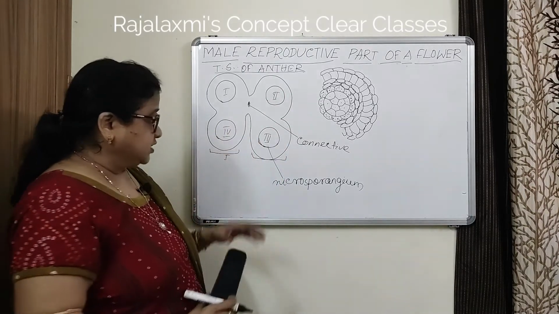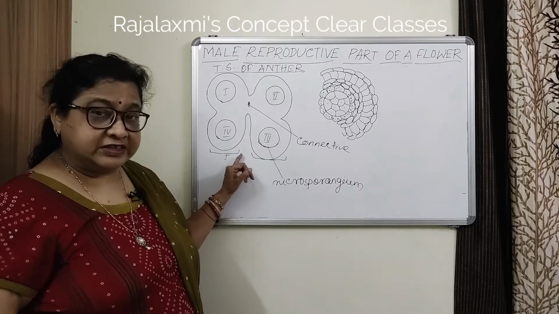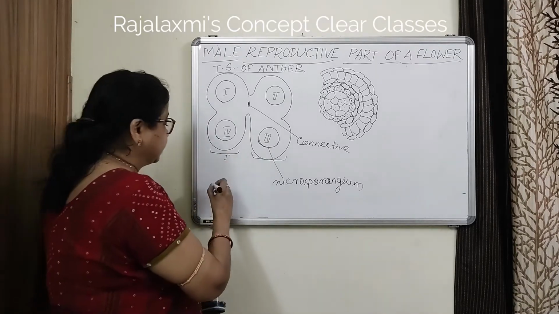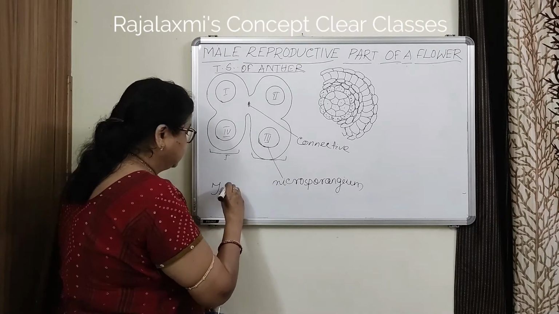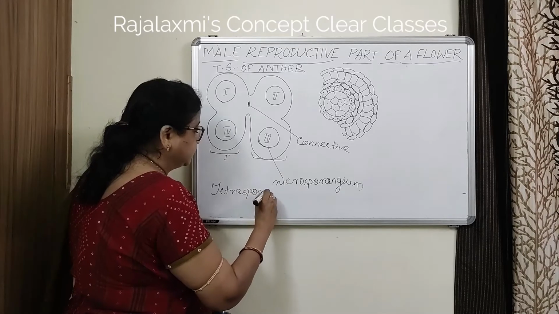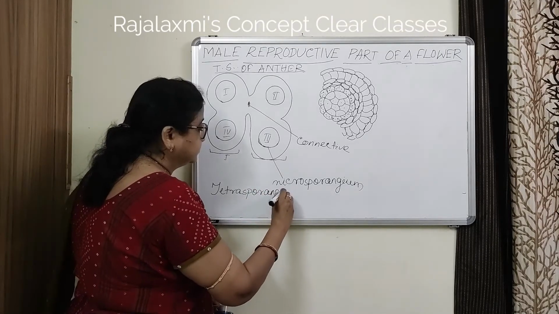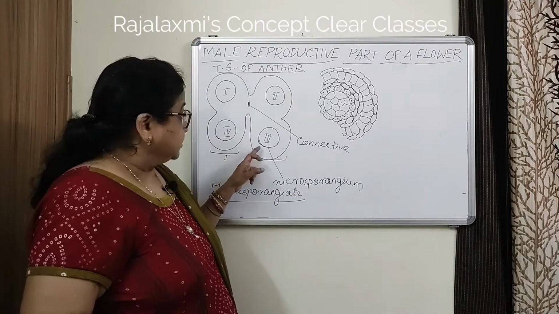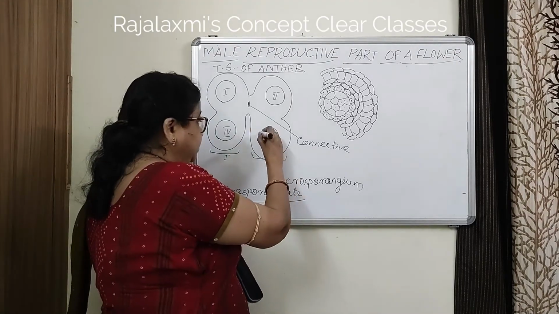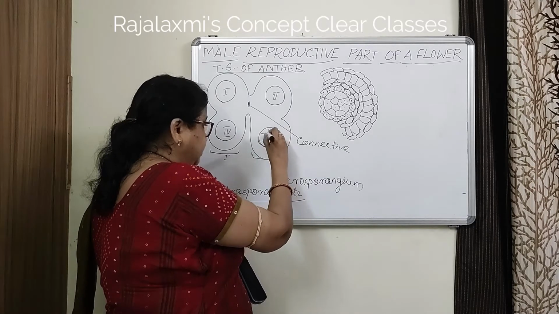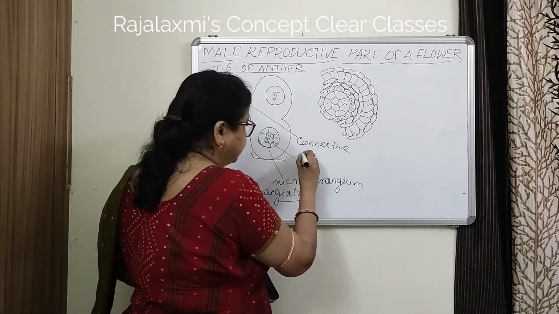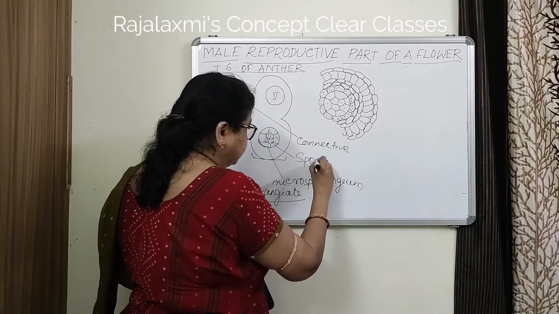So as there are 4 microsporangia present inside the anther, the anther is known as tetrasporangiate structure. Tetra means 4, so tetrasporangiate. So these microsporangia are filled with the cells or tissue known as sporogenous tissue.